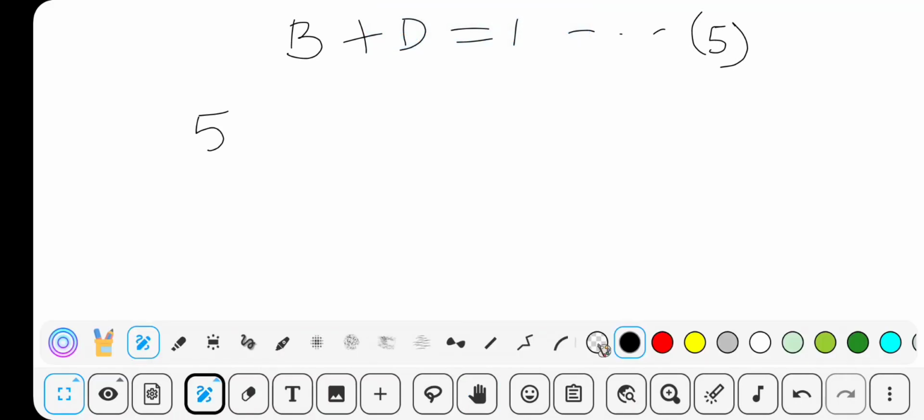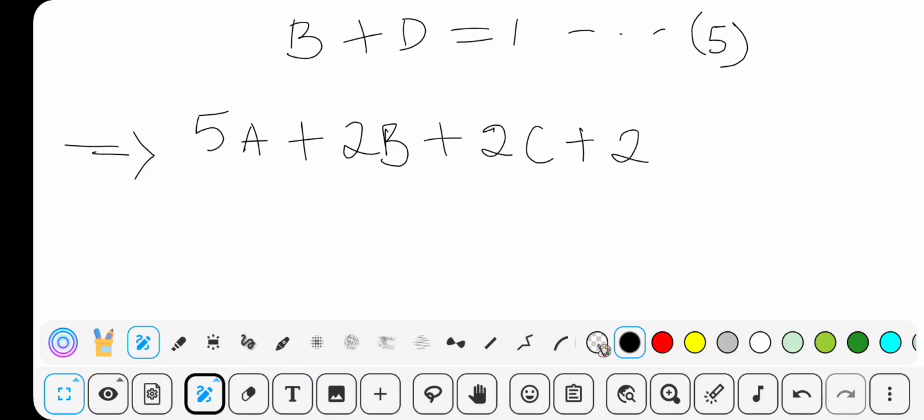Now 5a, this is equation 3. 5a plus 2b plus 2c plus 2d is equal to 2. All these things are just to solve these equations simultaneously and get the values of a, b, c, and d.